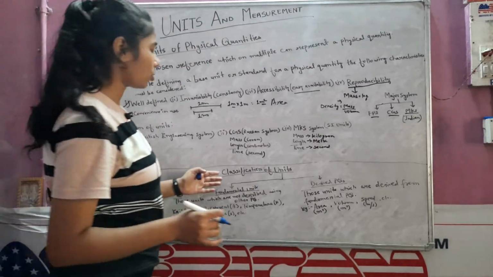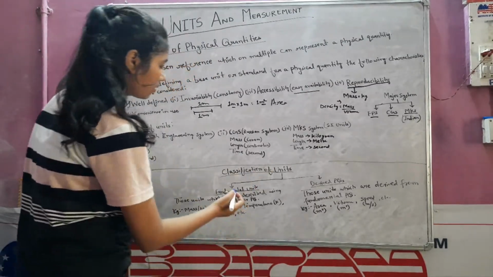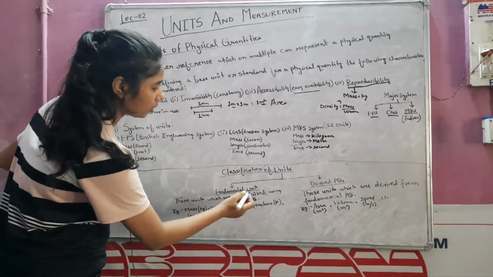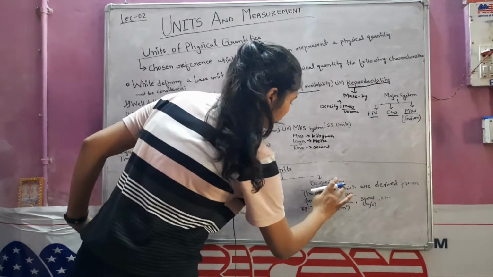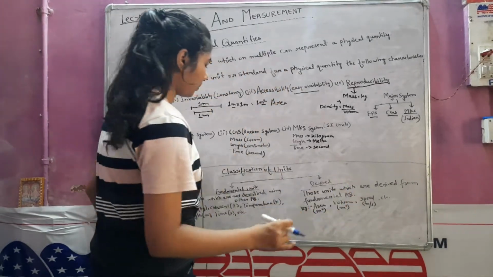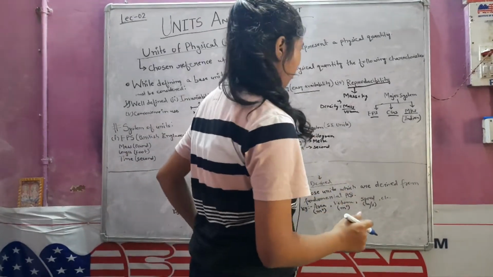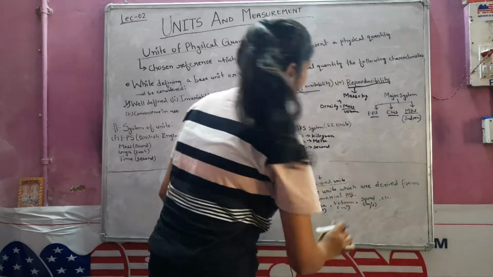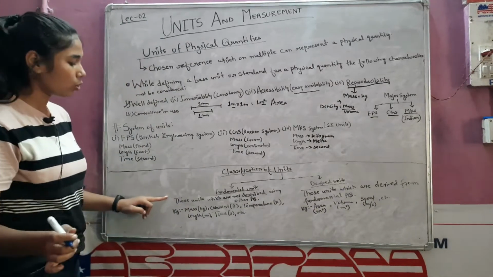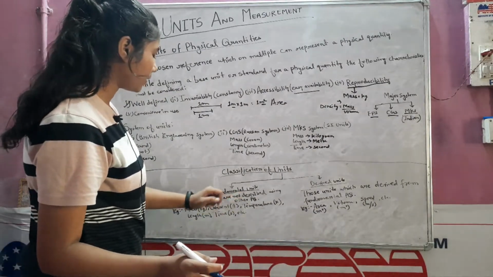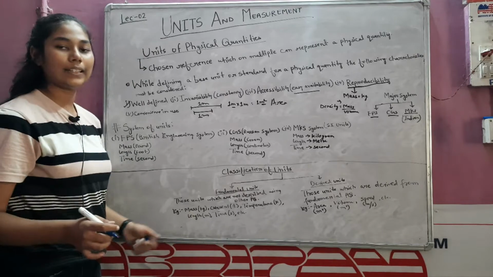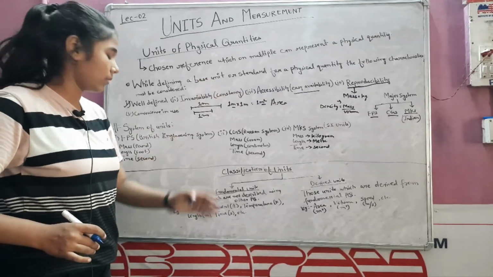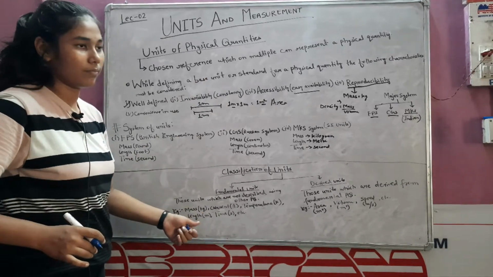Now we are going to talk about classification of units. There are two kinds of units: fundamental units and derived units. I had talked about fundamental and derived physical quantities; now I am talking about units, although they are the same. Those units which are not described using other physical quantities, like mass, which has not been derived from any other, it is just kg, kilogram.